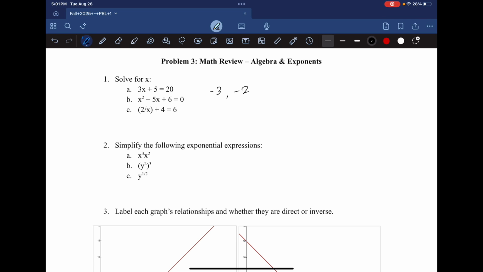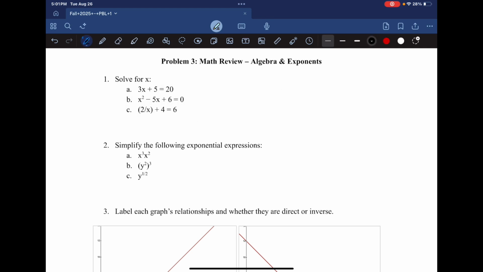Negative 3 plus negative 2 is the same as negative 3 minus 2, which is negative 5. And then negative 3 times negative 2, the negatives cancel, and we get 6 there. So this then factors to show us that x minus 3 times x minus 2 equals 0. And so we have two answers for x here. We either have x equals 3 or x equals 2. And you could have also done the quadratic equation the same way.